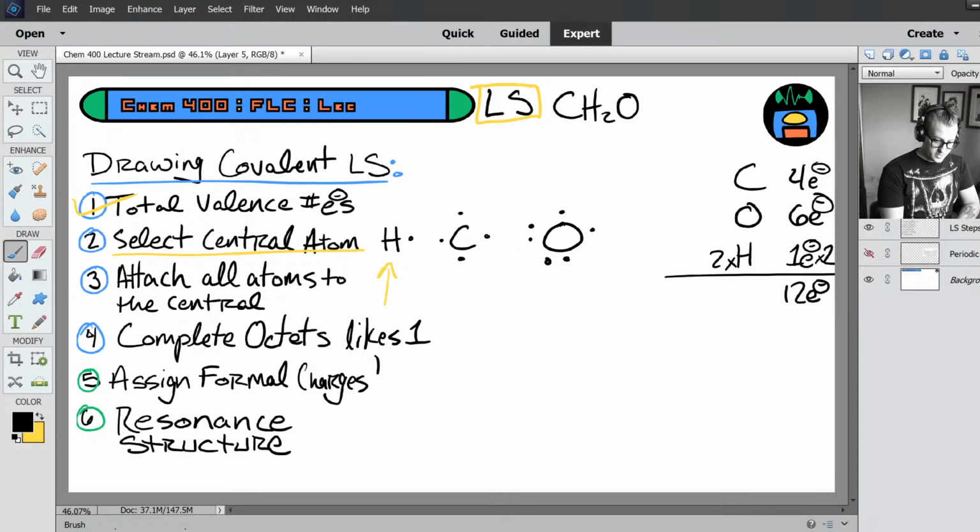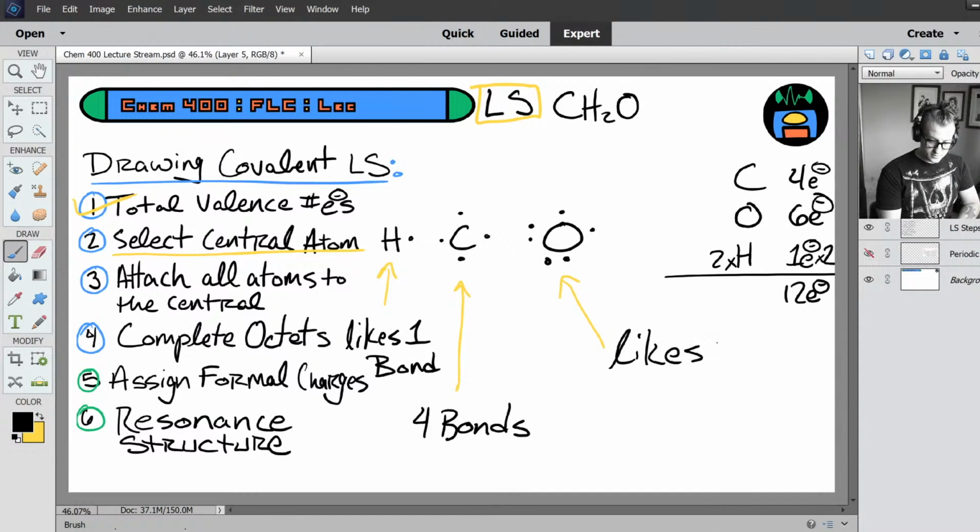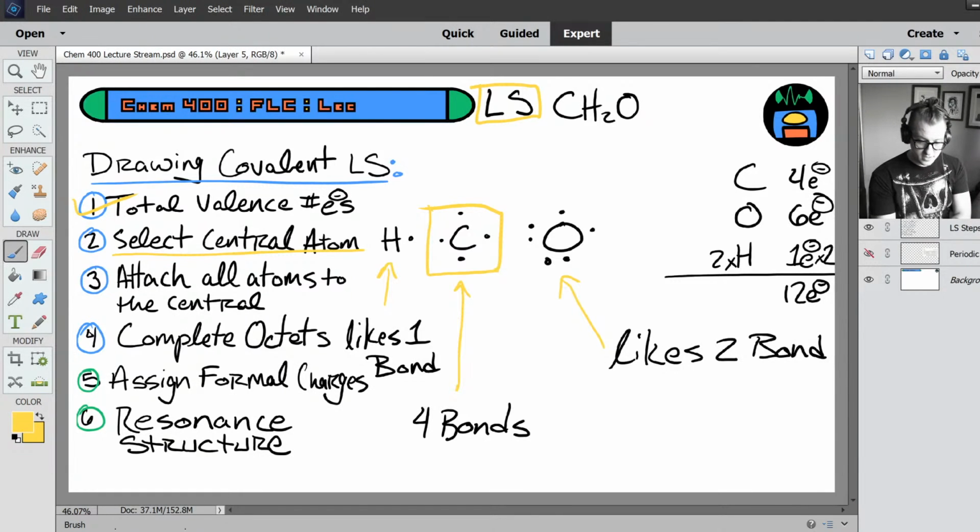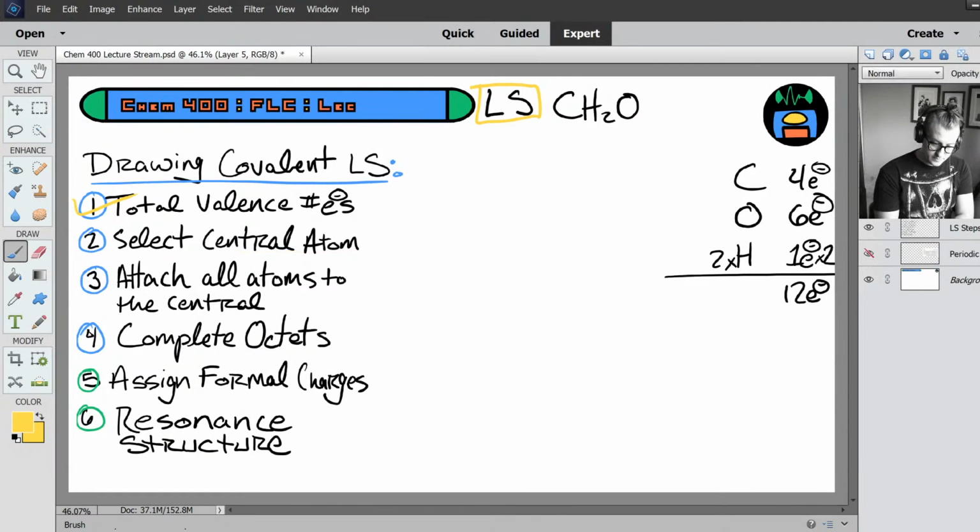Carbon likes 4 bonds. Oxygen, because it has 2 unpaired electrons, likes 2 bonds. Because carbon likes to make the greatest number of bonds, we're going to select carbon for our central atom. So we're going to put carbon in the middle.